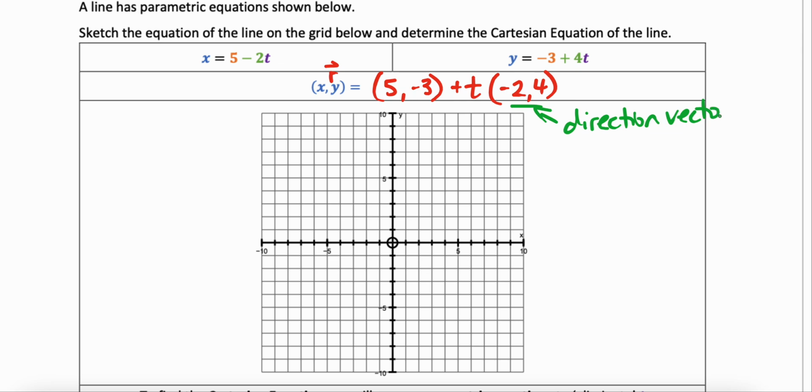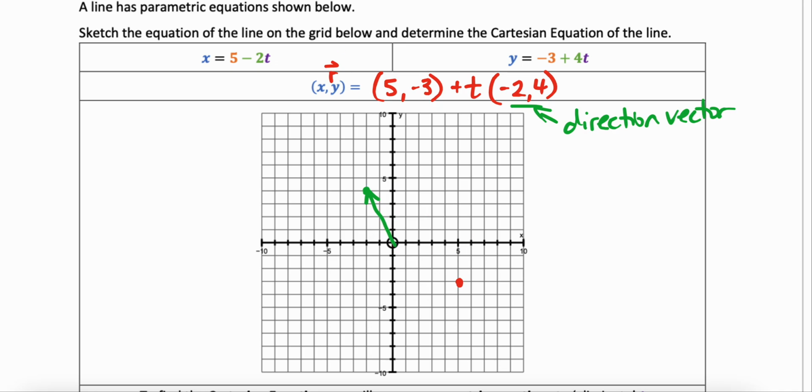So if I wanted to sketch a picture of my direction vector, I would go over -2 and up 4, and this would be my direction vector. Okay? So I know that my line goes to the point 5, -3. So over to 5, down to -3, it's going to go through that point. But it also runs parallel to my direction vector.